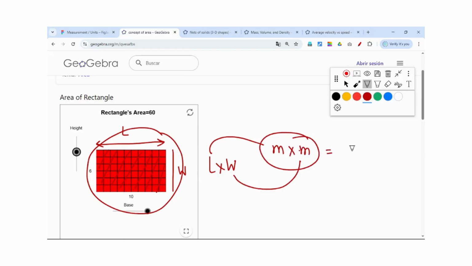Meter into meter is meter to the power 2, which is called meter square or square meter. So this becomes a derived unit. It has been derived or obtained from these two dimensions. So this meter square is a derived unit of measurement, and it is being used to measure the property of area.